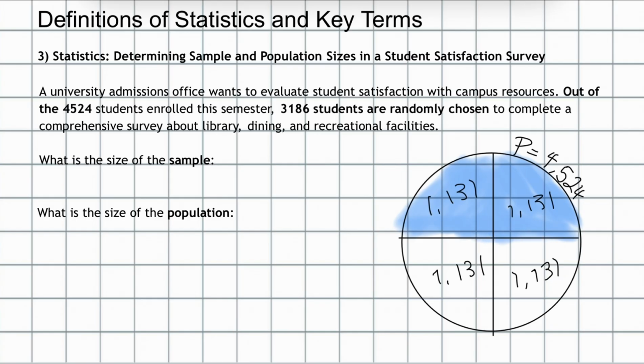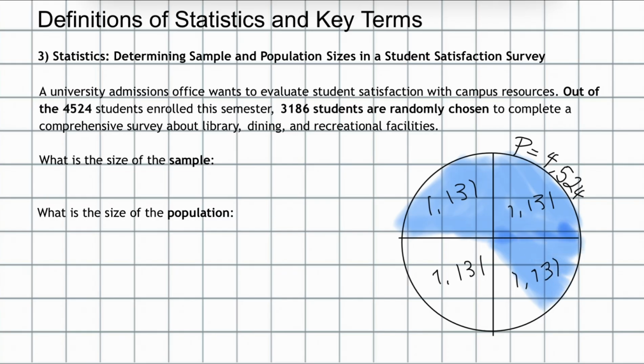And 3,186 minus 2,262 is like 900 and some change. So it's covering all of this.